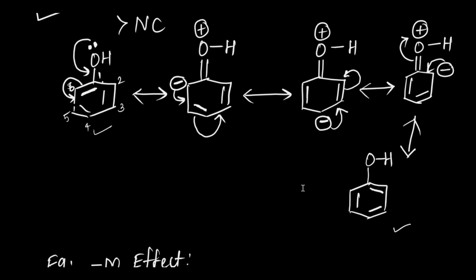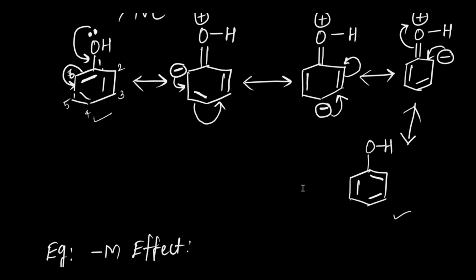This resonance is important. Like you can see, the OH group is electron donating, which makes the ortho and para positions electron rich, so that the incoming electrophile goes to the ortho and para positions.